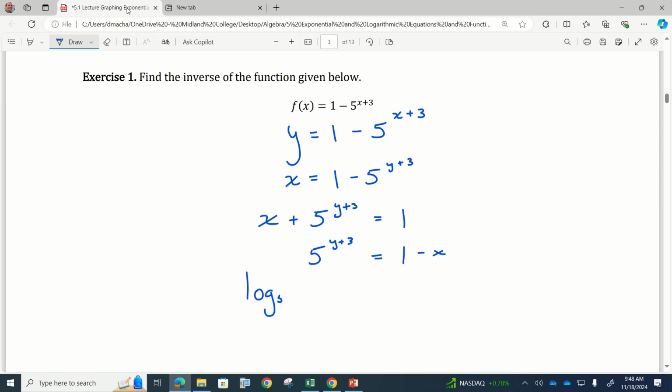So I'm going to take the logarithm base 5 of the exponent base 5 of y plus 3. And to keep my equation balanced, I have to do the same thing to both sides. And it's going to look like this.